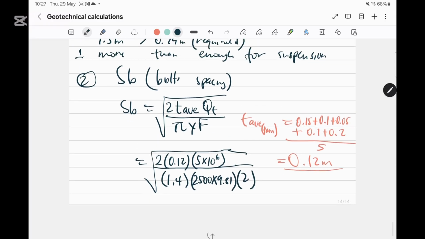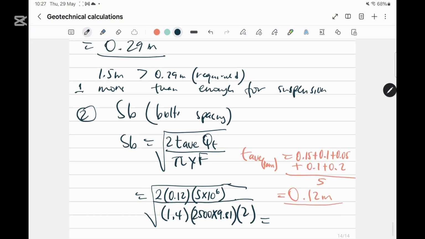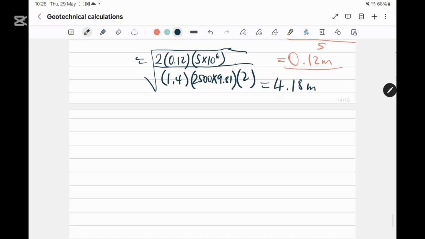Then you get your spacing. Let's write it down here. So our bolt spacing, 2 times 0.12 times 5 times 10 to the power of 6 over 1.4, 2,500 times 9.81 times 2. So we're getting a value of 4.18 meters. So our SB is around 4.2 meters.